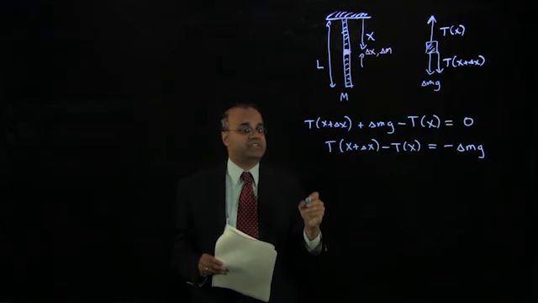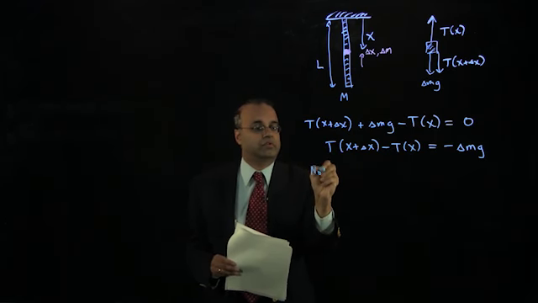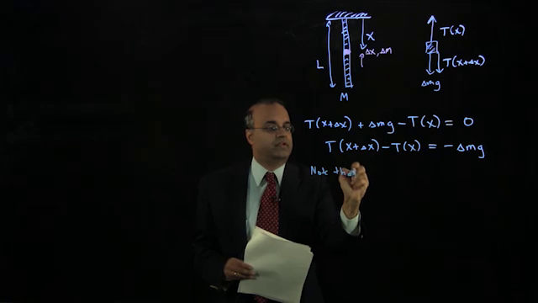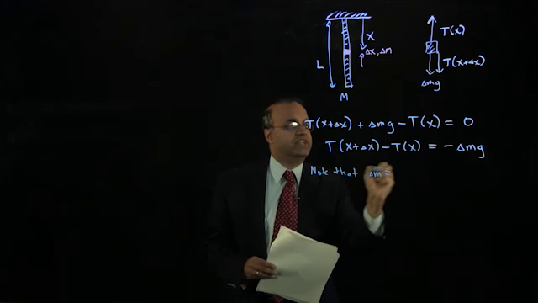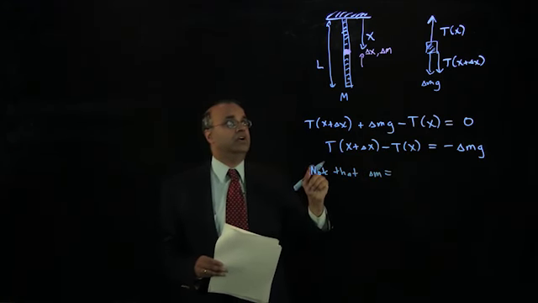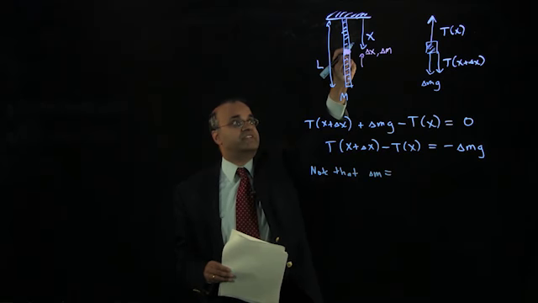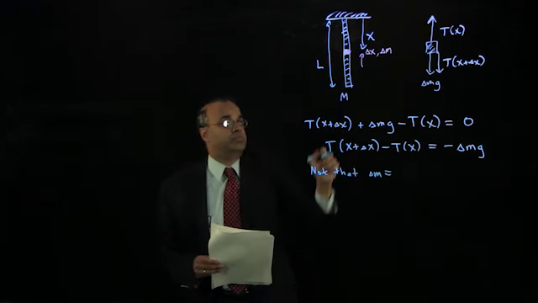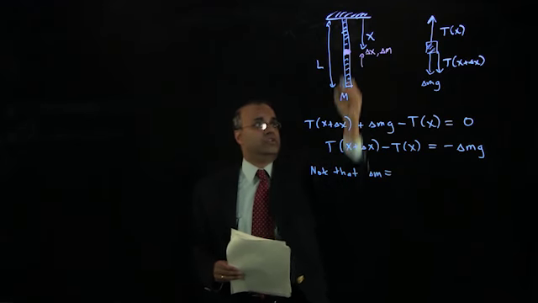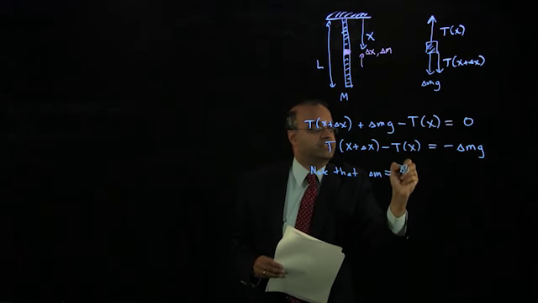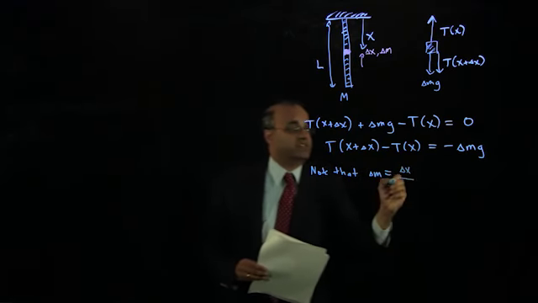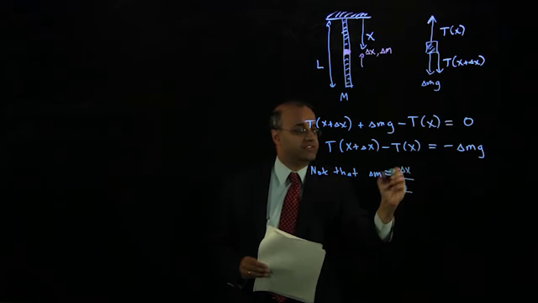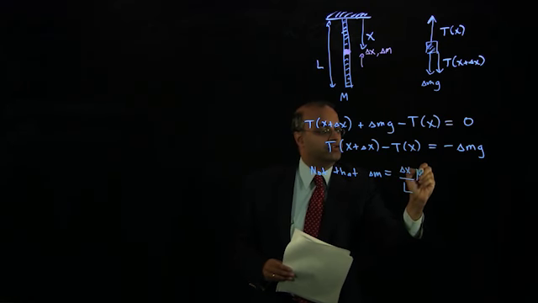Okay, now our delta m can be represented in terms of what this length is. Note that delta m is just a fraction of the total mass that's in that particular mass element. Well, the fraction of the total rope is just the length of this element, delta x, divided by the length of the entire rope, which is L. So that's the fraction, and I multiply that by the total mass.